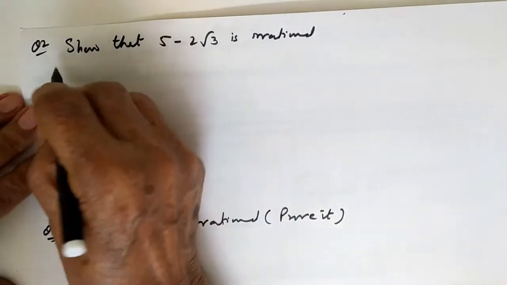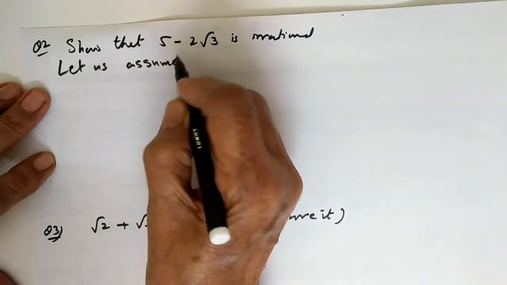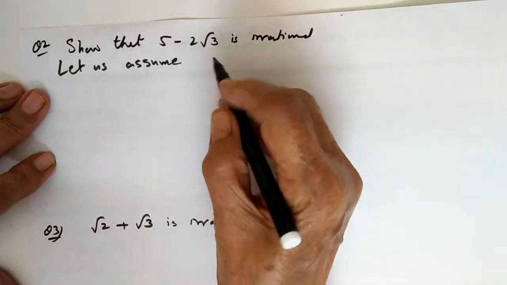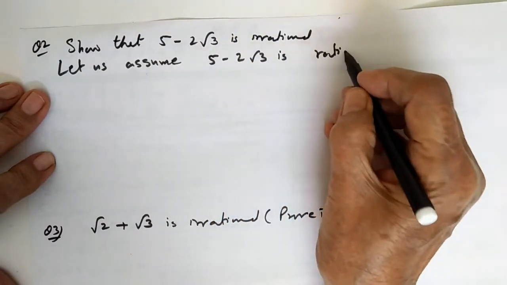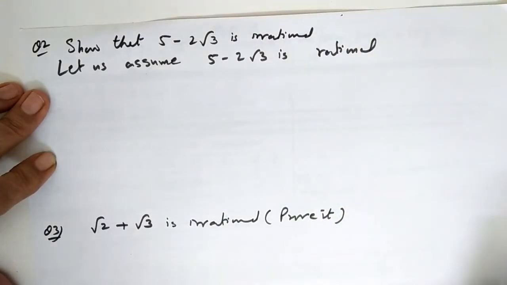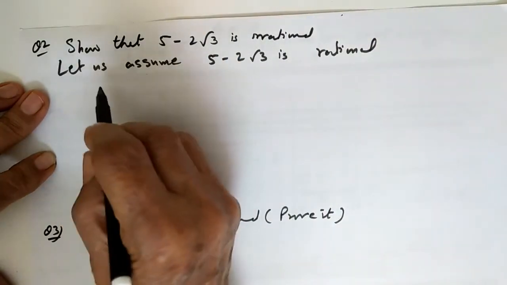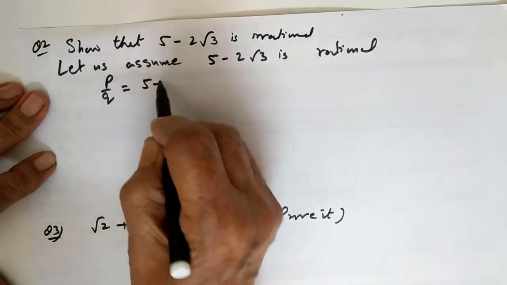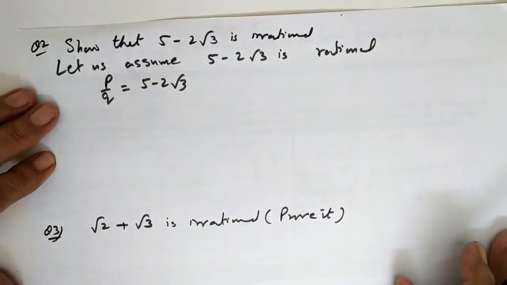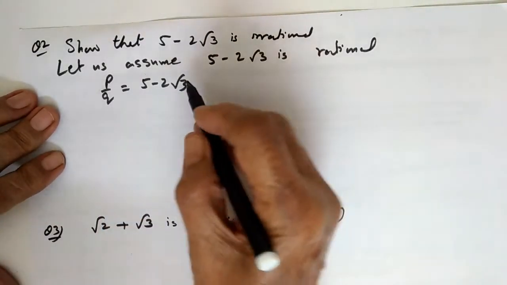Same way, let us assume 5 minus 2 root 3 is rational. ऐसे क्वेश्चन बेटा आपने क्या करना है, इसको रैशनल तो लेट अस वी कैन राइट इट इन द फॉर्म ऑफ P upon Q. तो P upon Q इज इक्वल टू 5 minus 2 root 3. इसमें ऐसे कैलकुलेशन करिए, टेक रूट 3 ऑन वन साइड एंड द अदर टर्म्स टू द अदर साइड.